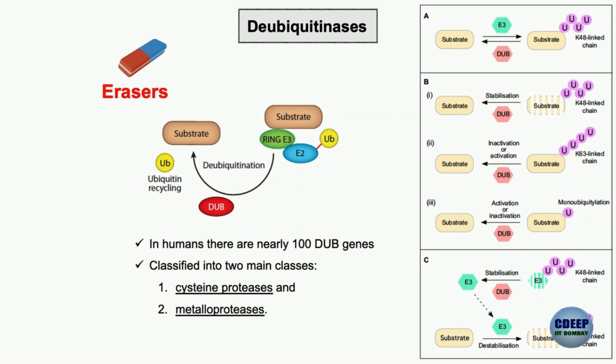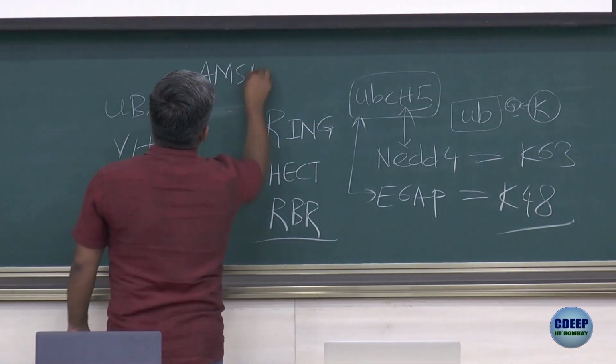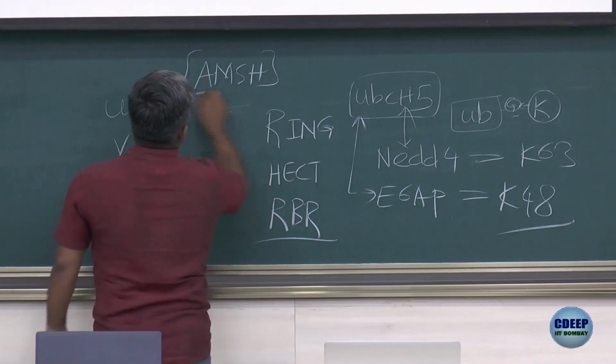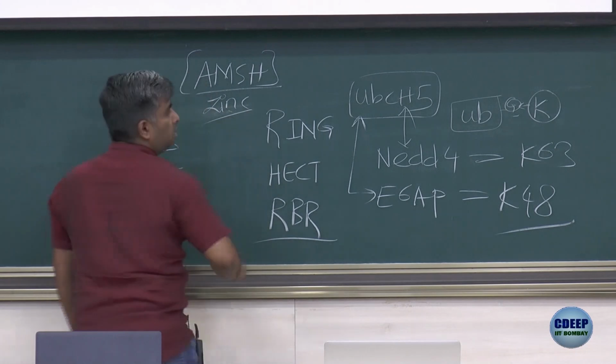ion. For example, there is a deubiquitinase called AMSH. It needs zinc ions.